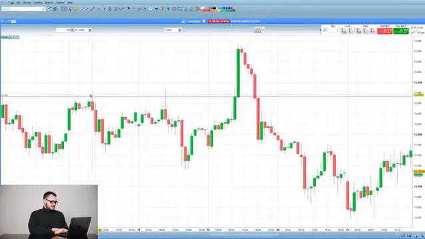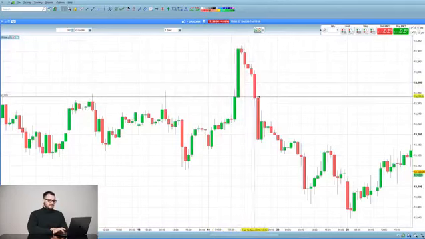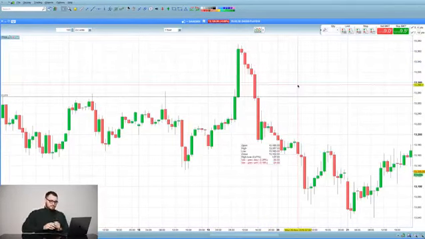Now let's move to the screen and I'll show you an example of a complex false break. Here you can see these two examples that we had of simple false breaks with just one candle and one tail. And here, this one would be a fantastic example of a complex false break.